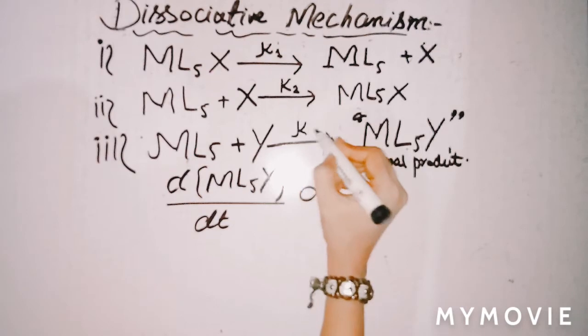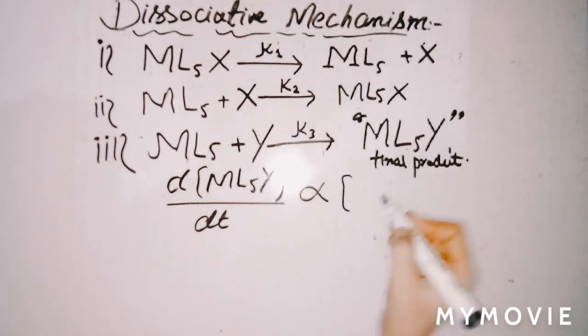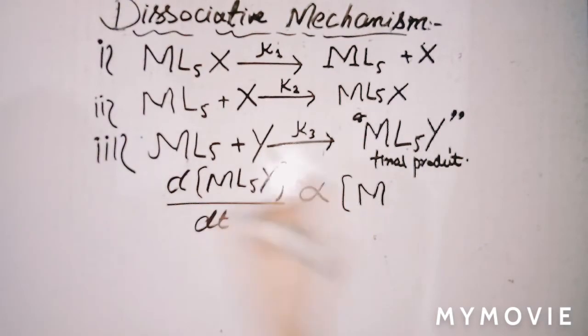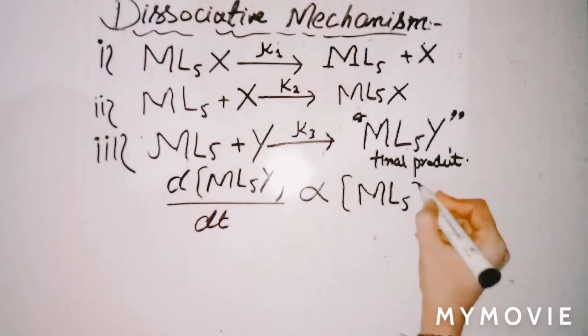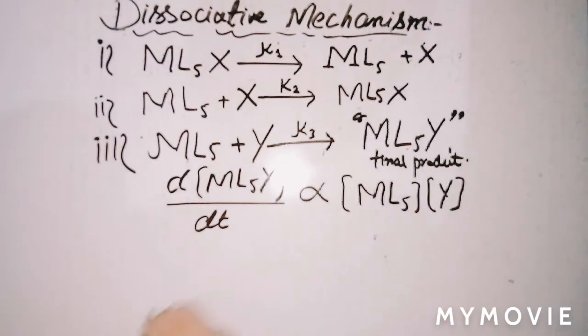In this case the rate constant is K3. The reactants here are ML5 and Y, so the concentration of ML5 and the concentration of Y.